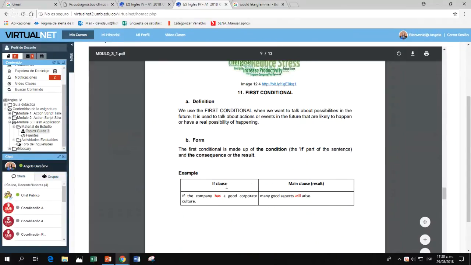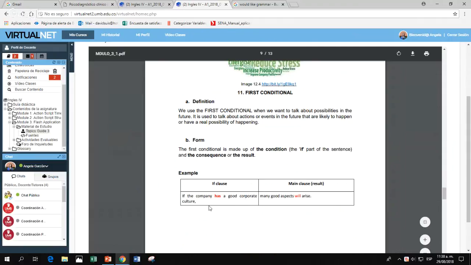The first part of the conditional, this clause, always has to be in simple present. And the main clause, the result, always has to be in future with the use of will, not going to, okay? If the company has a good corporate culture, many good aspects will arise.